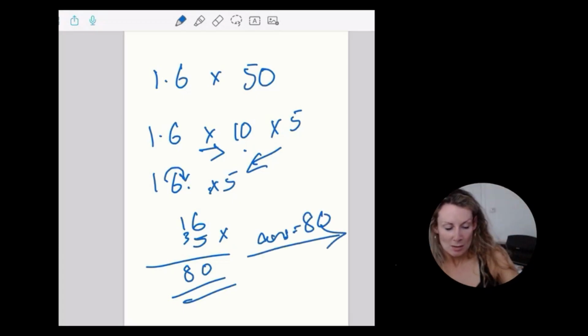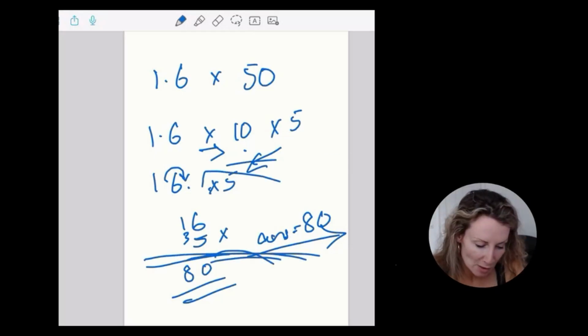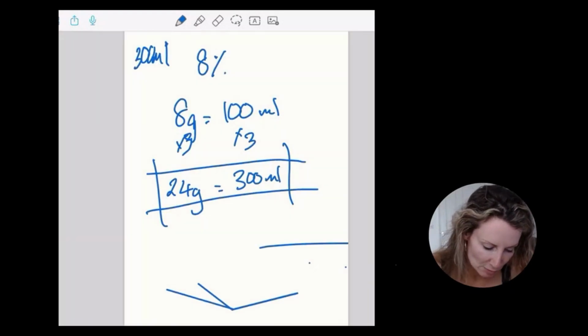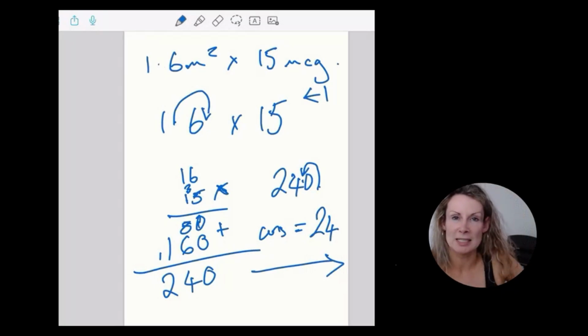I think it's just remembering where my decimal point goes, isn't it? The thing is, this one that we've just done, I don't think you'll have to do things like this.